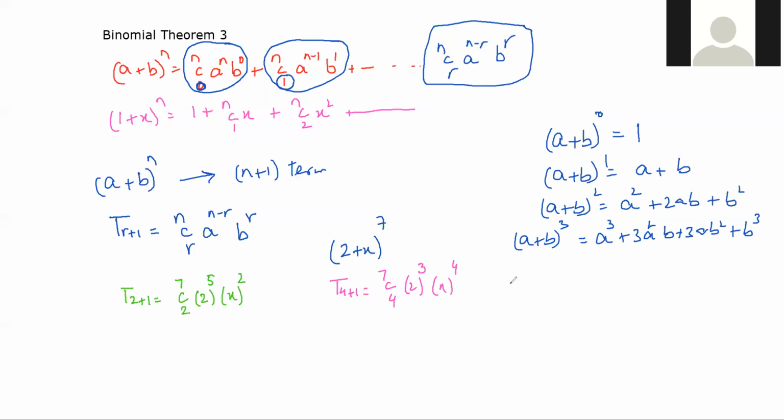Now this formula becomes more interesting when you have a question like, for instance, let me write a question from here. We have a binomial here, (x cube minus 2 over x squared), and then there is a power 10 on it.